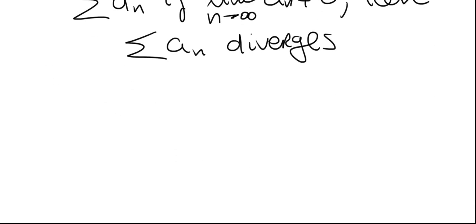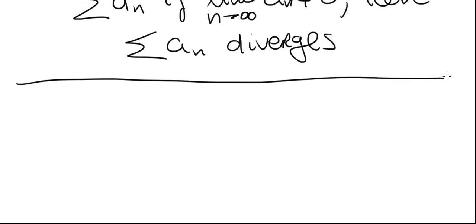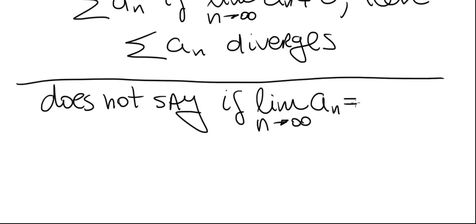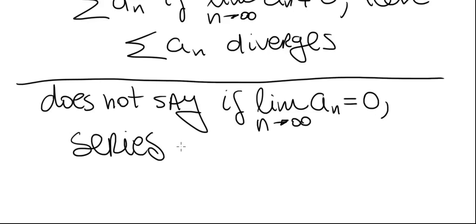Now what it doesn't say is, let me summarize that here. The test does not say that if the limit as n goes to infinity of a_n equals 0, then the series converges. That is not true.